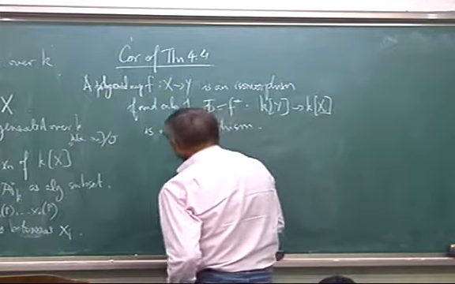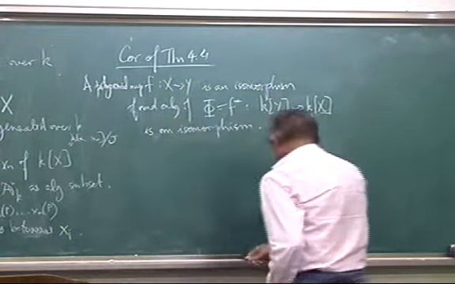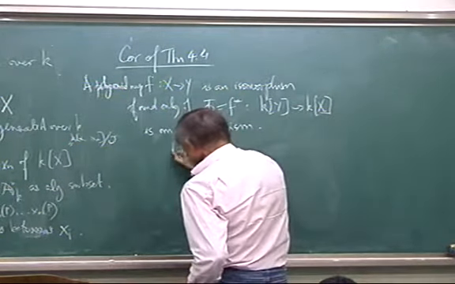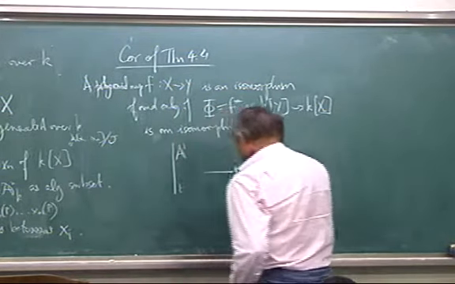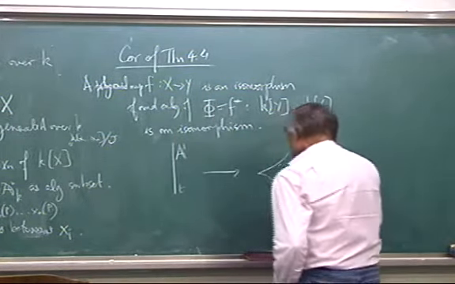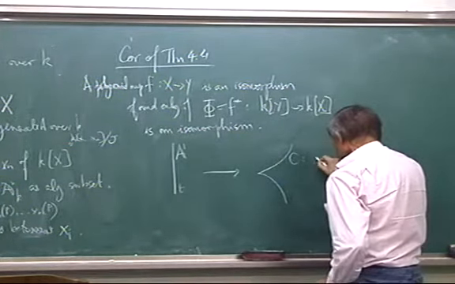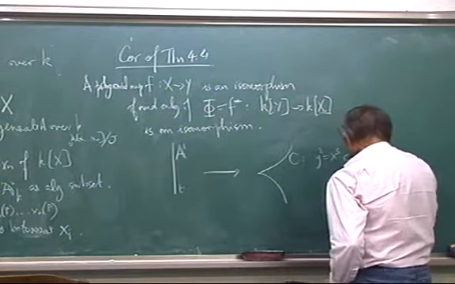So what am I trying to say? Let me go back to this example. Here's A1 with coordinate t, and I'm mapping forwards to the curve C, which is y squared equals x cubed in A2.